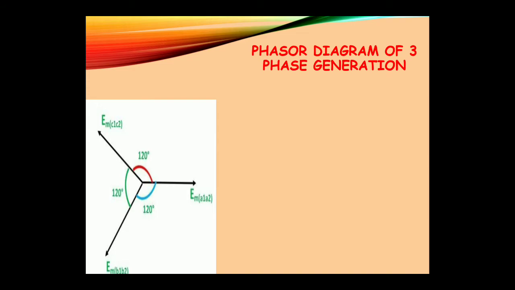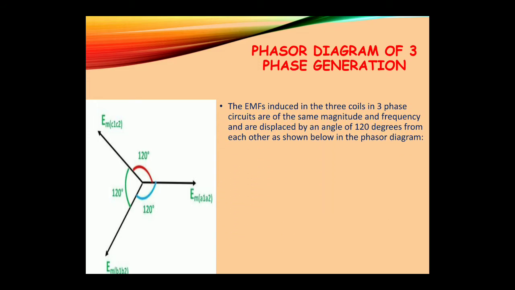One is EM C1 C2, one is EM A1 A2, one is EM B1 B2, and the angle between these coils is 120 degrees. The EMFs induced in the three coils in a three-phase circuit are of the same magnitude and frequency and are displaced by an angle of 120 degrees from each other, as shown in the phasor diagram.